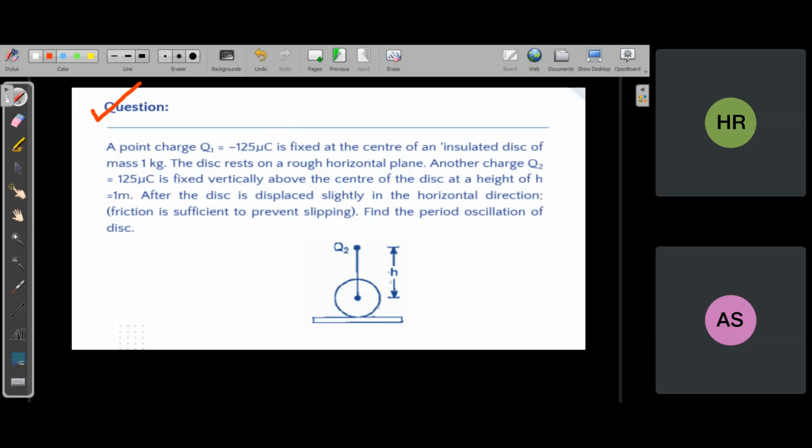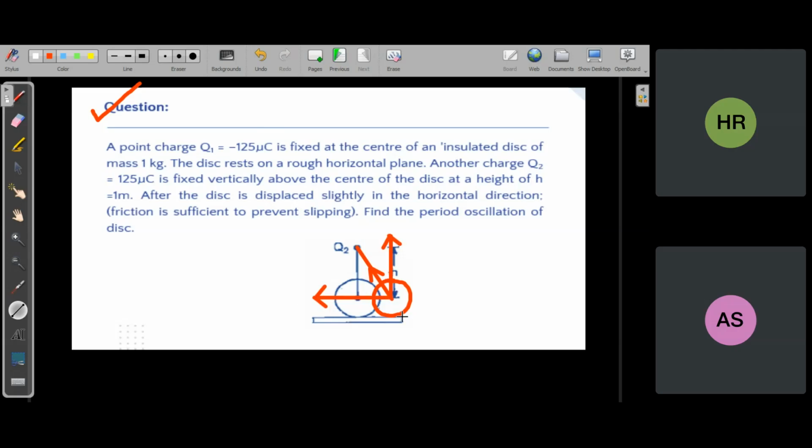If you displace the disk a little bit, it will go to this position, right? And at that time the force acting on the disk will be in this direction, because this charge is negative. And when the force is in this direction, you can break it into components, this component and this vertical component.